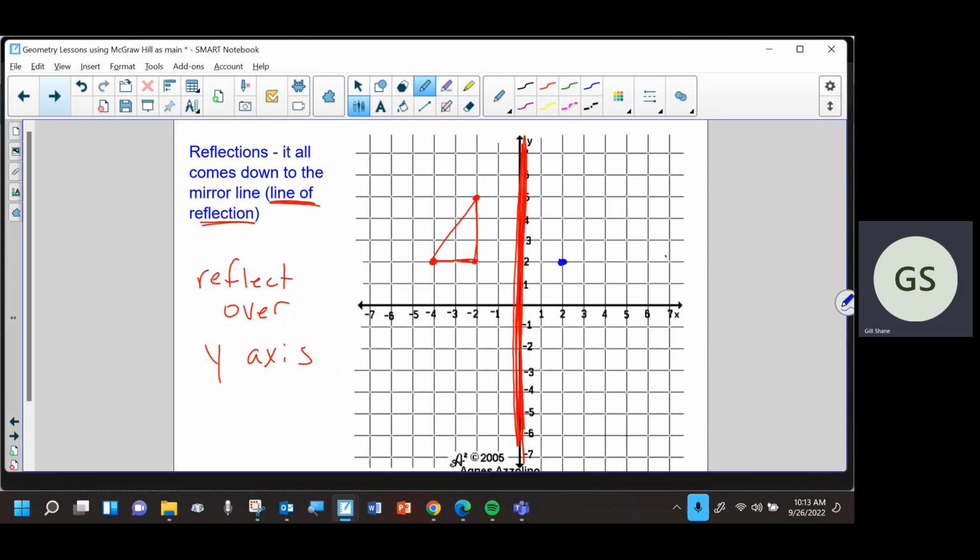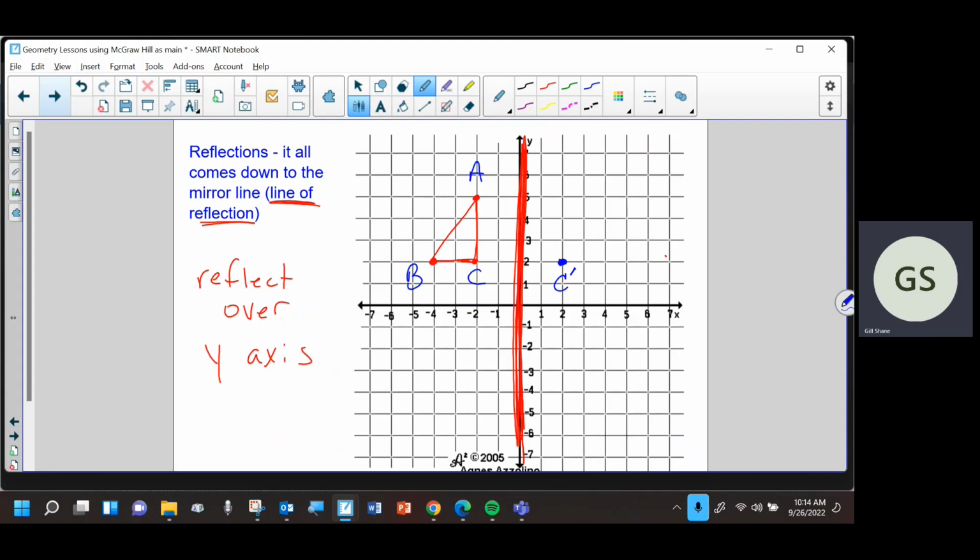So if this is a point and it's that far away from the mirror, or the line of reflection, then I need an opposite point. So let's do A, B, C. I need an opposite point for this that is that same distance away. So that is the reflection of C, C prime. Same way for A. It's easier to see when you only have one point.